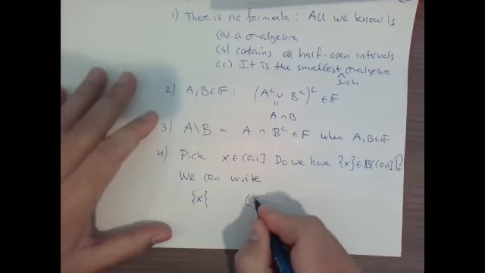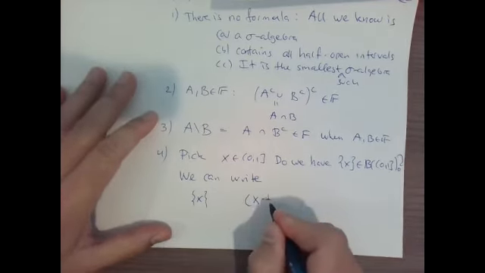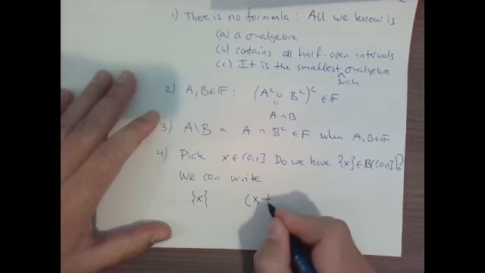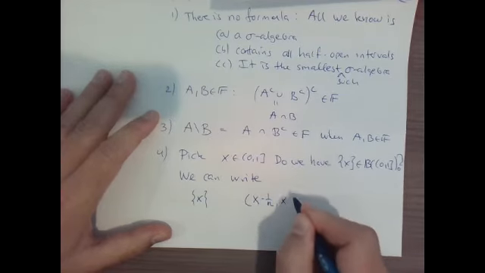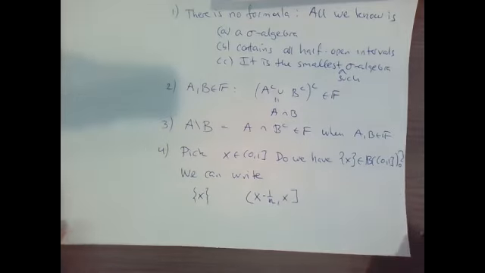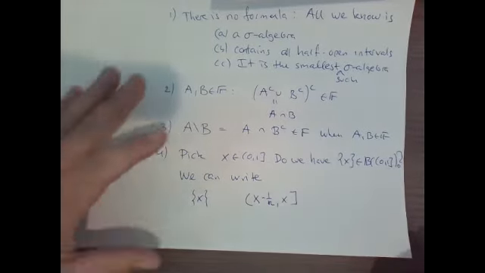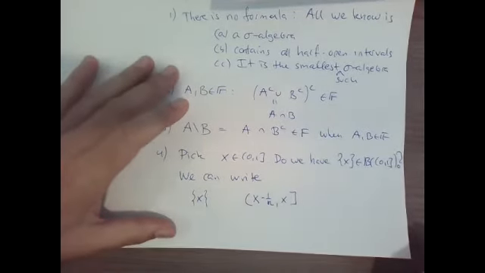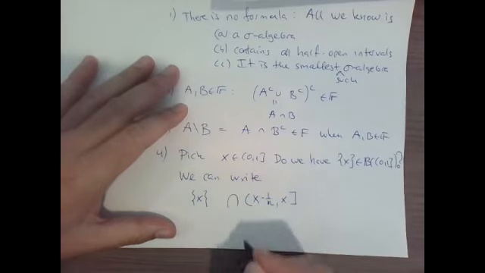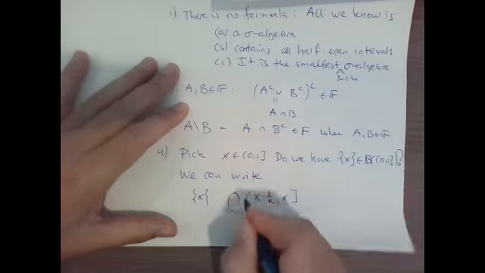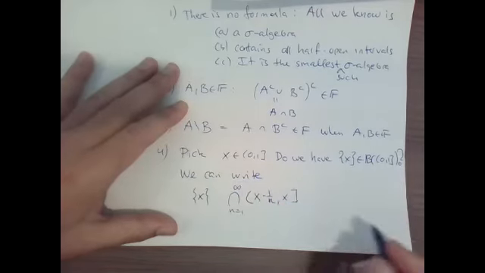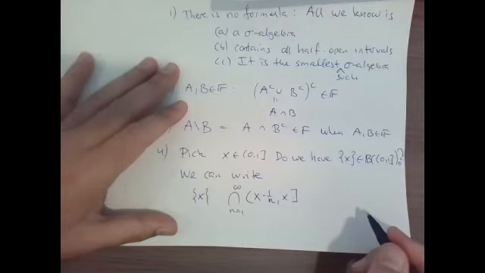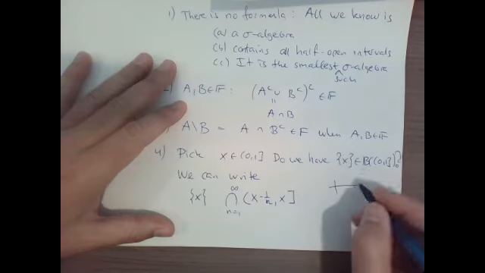So if I do x minus a little bit, minus 1 over n up to x, and then I take the intersection. So what I'm looking at here is an interval.